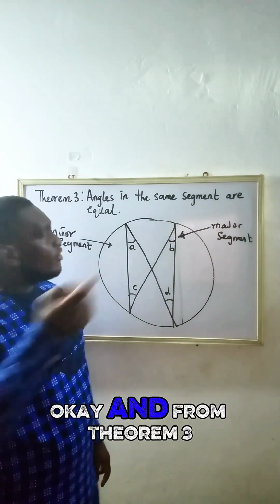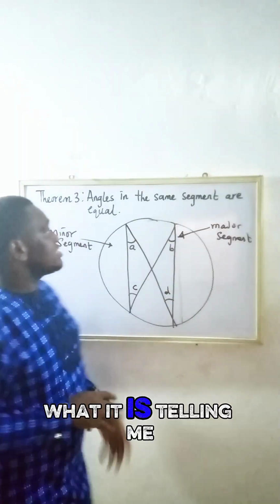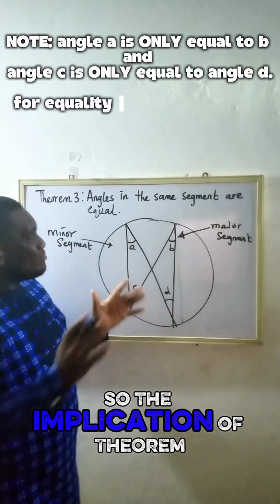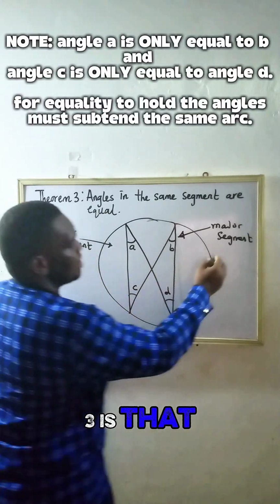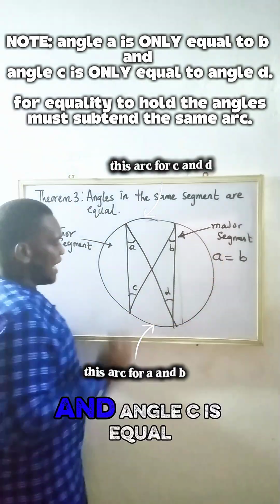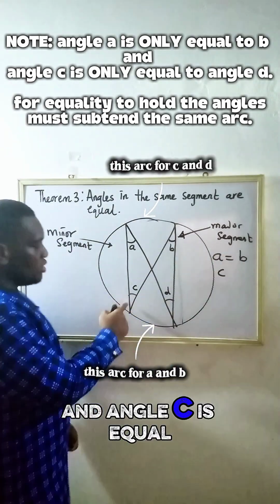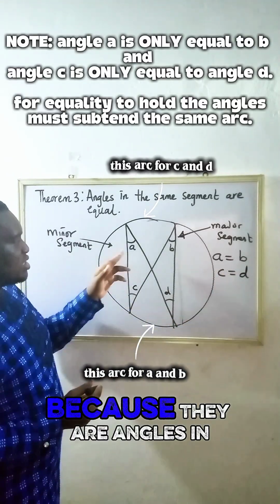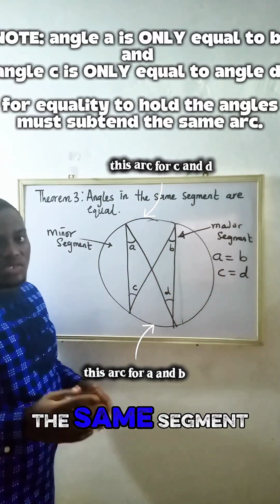Okay? And from theorem 3, what it is telling me is that these angles are going to be equal. So the implication of theorem 3 is that angle A is equal to angle B, and angle C is equal to angle D. Why? Because they are angles in the same segment.